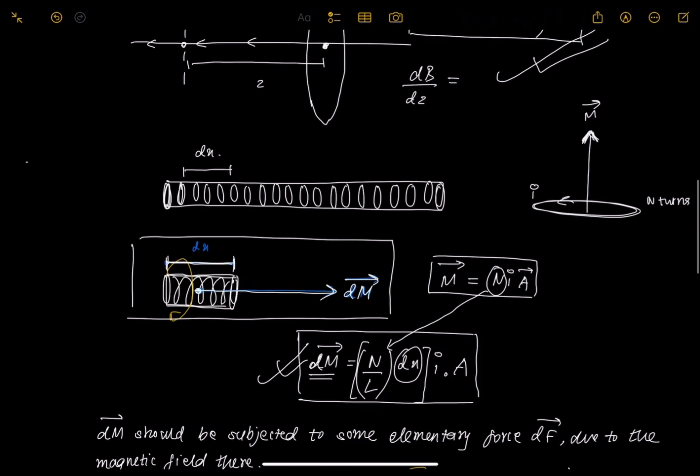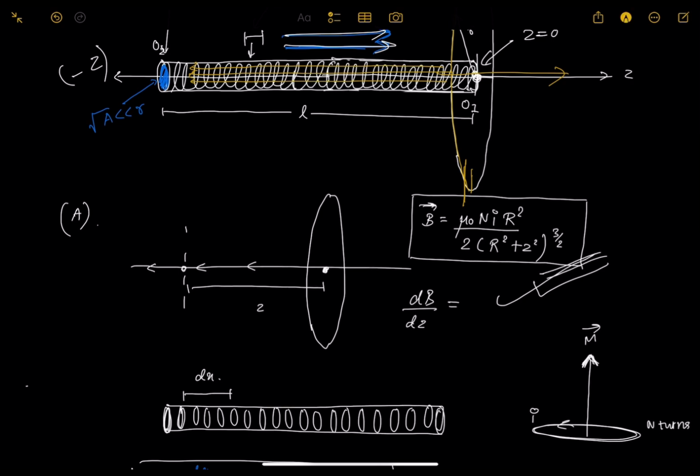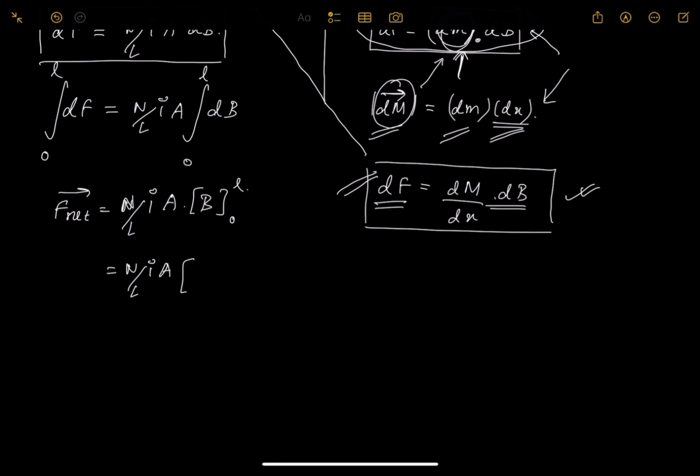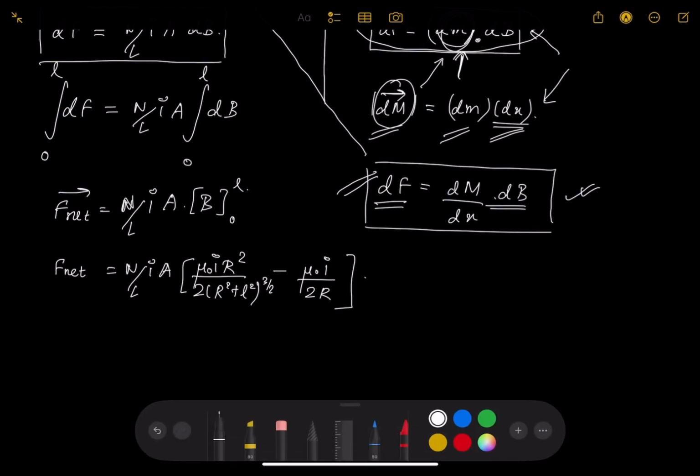B at 0 can be given from this expression, which is basically mu naught I over 2r, and B at L is also pretty simple: r squared divided by 2 times (r squared plus L squared) whole raised to the power of 3 over 2. So we've basically derived the total interaction force that exists.